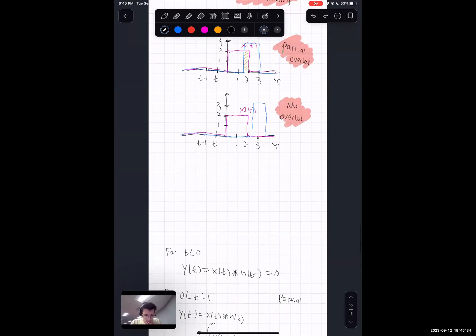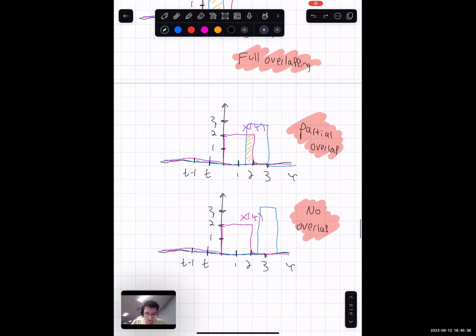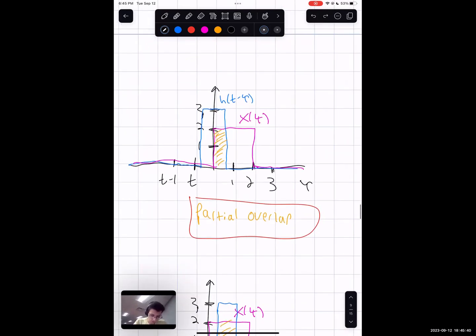I think it's because you're always going to have some portion of overlap. As we keep sliding it from the left to the right, right now there's no overlap, right? So it's 0, and then we're continuously adding more overlap, more overlap, more overlap.